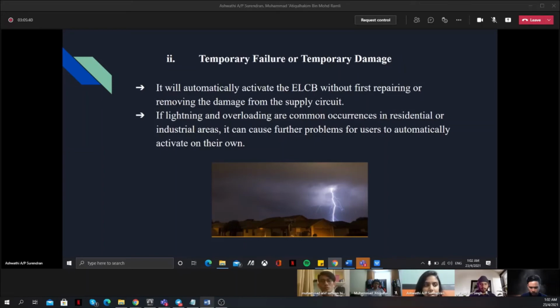It would automatically activate the ELCB. For example, if lightning and overloading are common occurrences in a residential or industrial area, they can cause further problems for the user to activate the ELCB on their own.